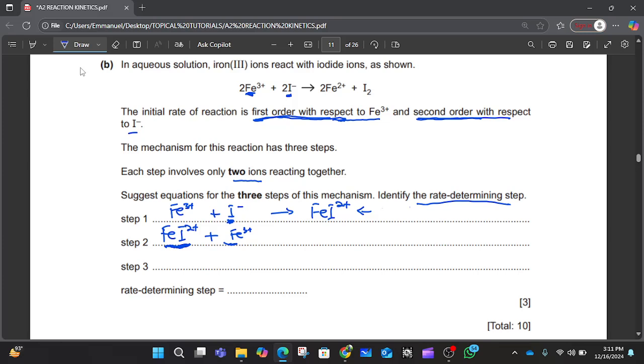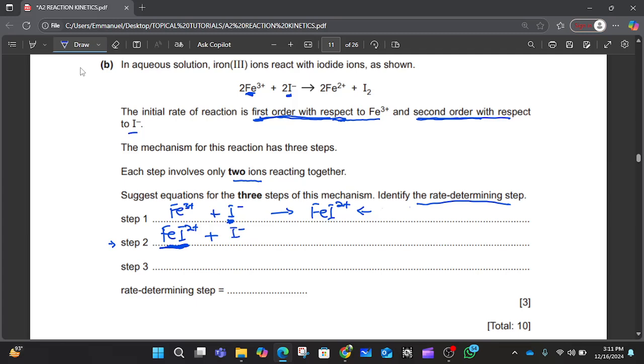And notice that there is I- in this intermediate. And so if you use another I-, it will mean that we are using 2 moles of I- and 1 mole of Fe3+. And so it means that our second step is going to give us the rate determining step. So we have to react the intermediate with I-.